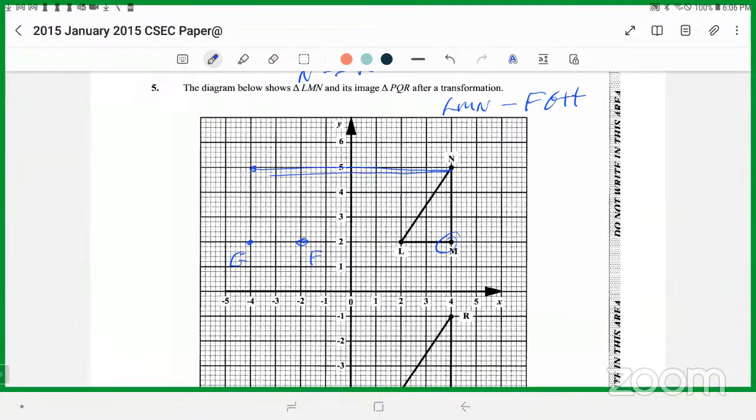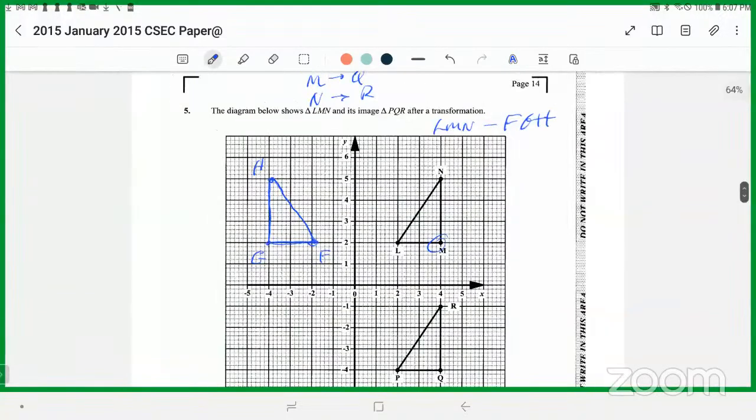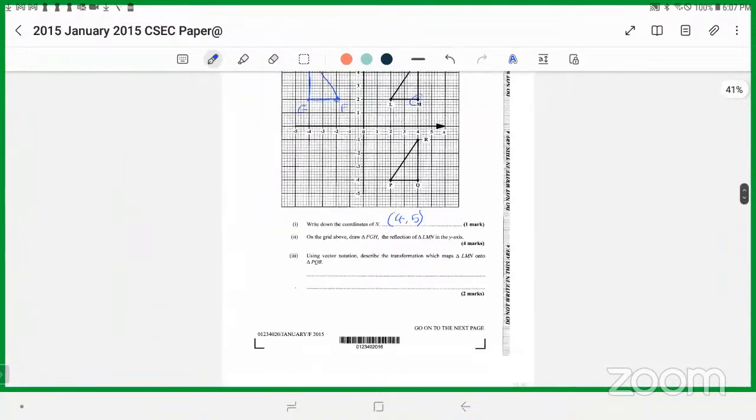And that point is H. And you draw the triangle FGH. Do your reflection 1 point at a time. That is the image.